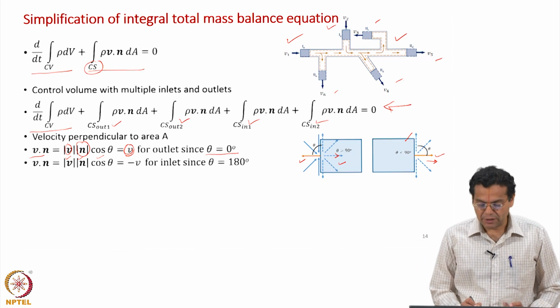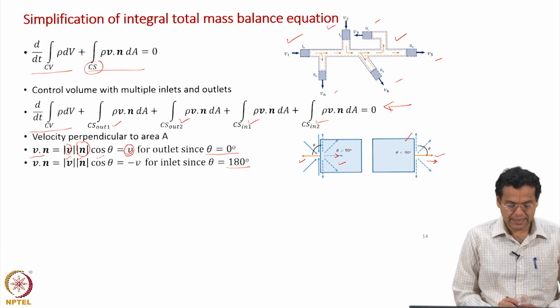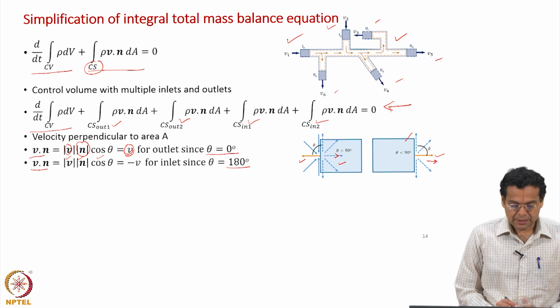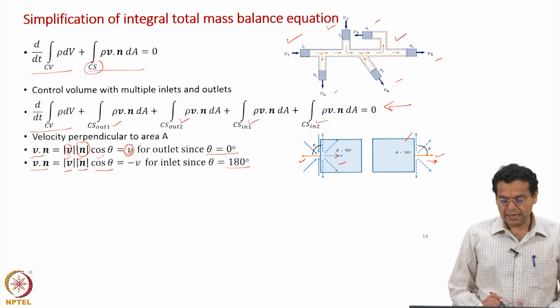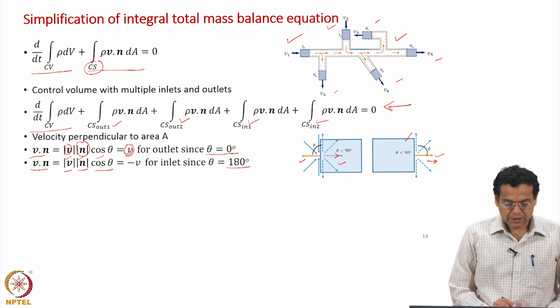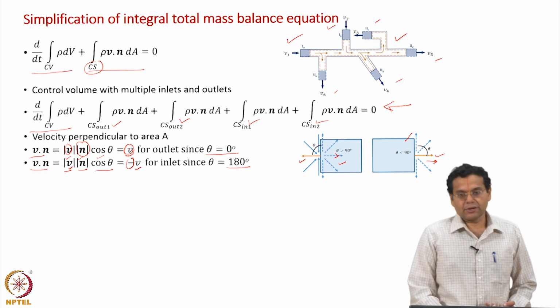So, theta is 180 degrees for the case of an inlet surface. So, once again let us expand V dot n: magnitude of velocity and that of n multiplied by cos of the angle between them. Now, for the magnitude of the velocity vector I have used V, cos theta is minus 1, and of course the magnitude of n is unity.